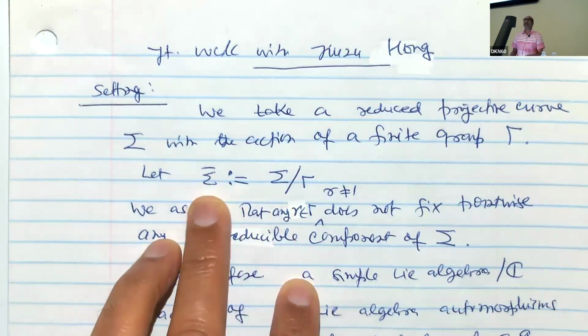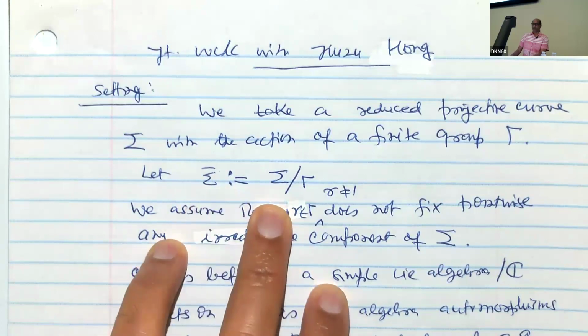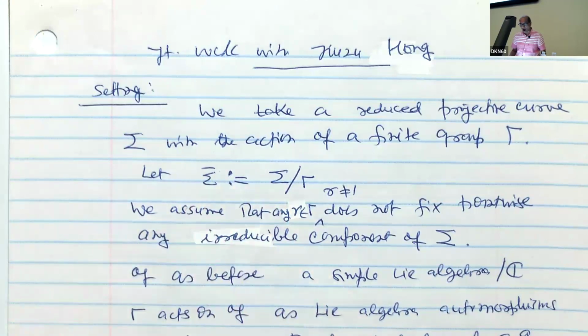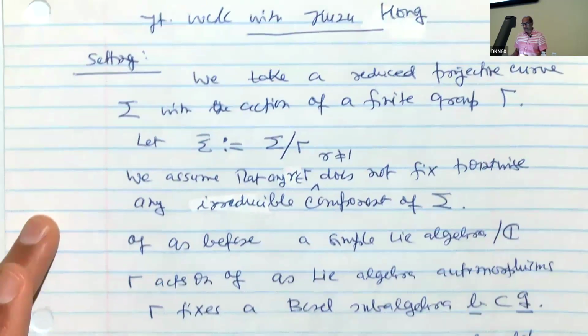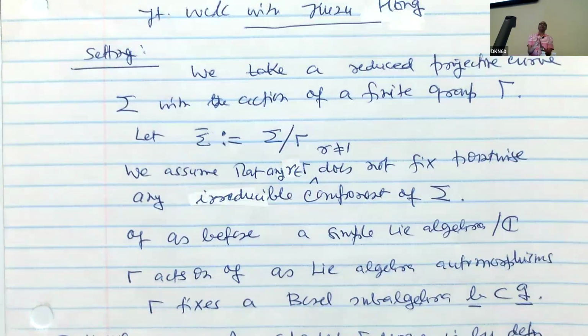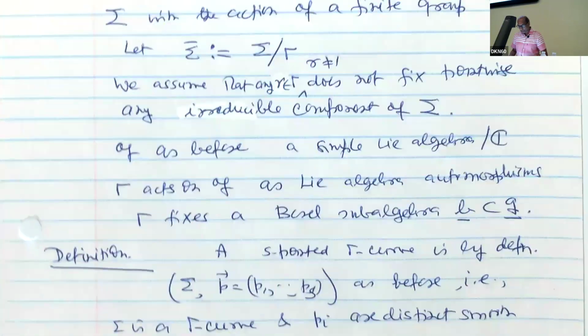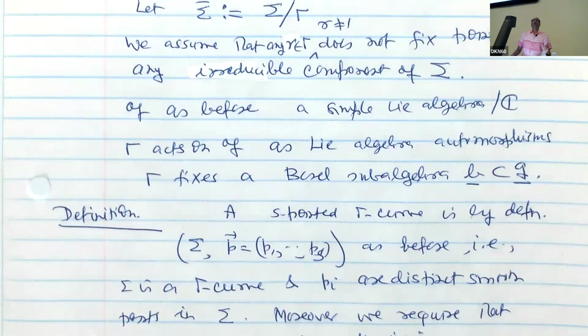And let's take the quotient of that projective curve by this group gamma, which I'm calling sigma bar. And my curve was sigma. Okay, there is some technical assumption that we assume that gamma is acting faithfully on every irreducible component of sigma.